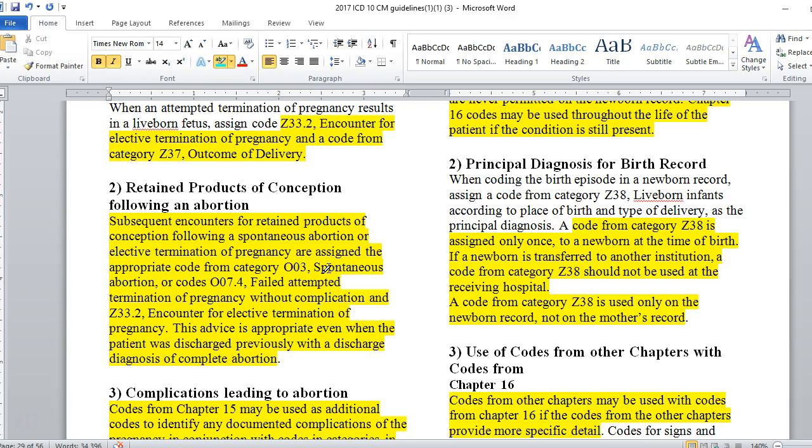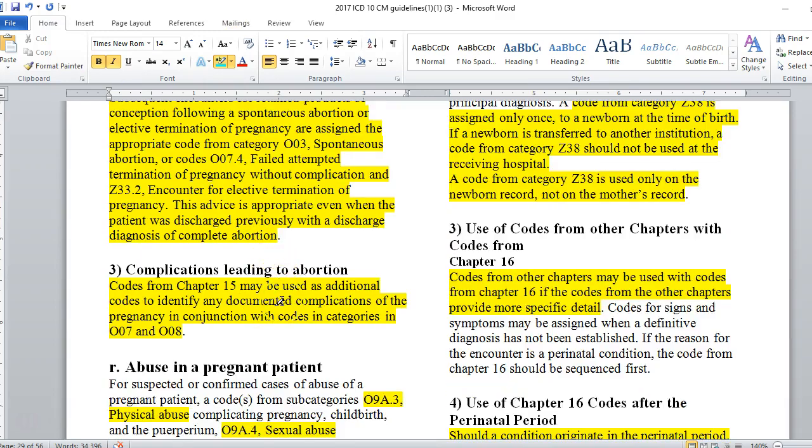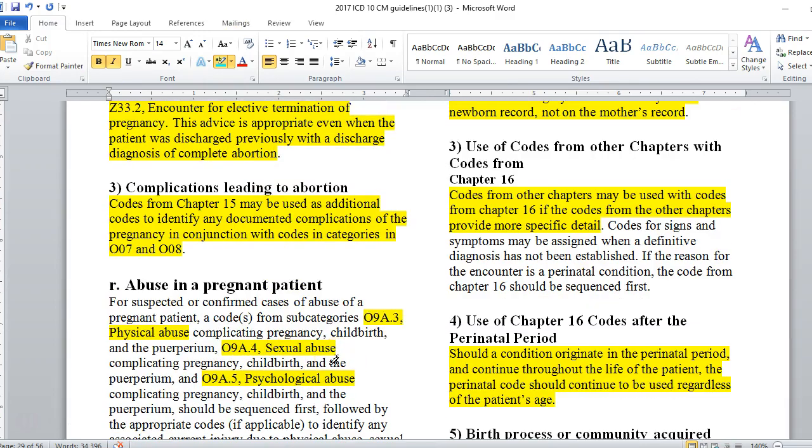In this case, even if previously the woman was told that all of those products have been removed, obviously something wasn't, and so we code for the complication. Now, codes from Chapter 15 may be used as an additional code to identify any documented complications of the pregnancy in conjunction with codes in category O07 and O08. So again, what led up to it, we can also use those codes.